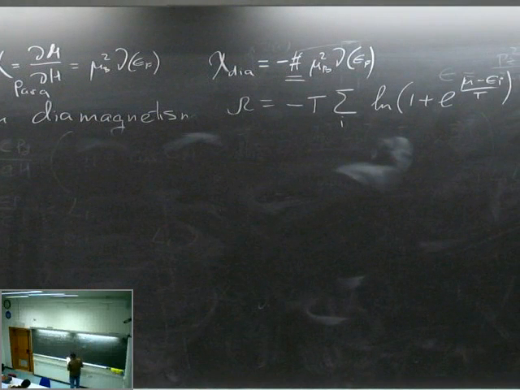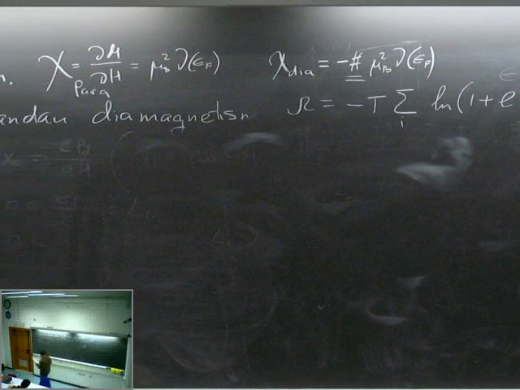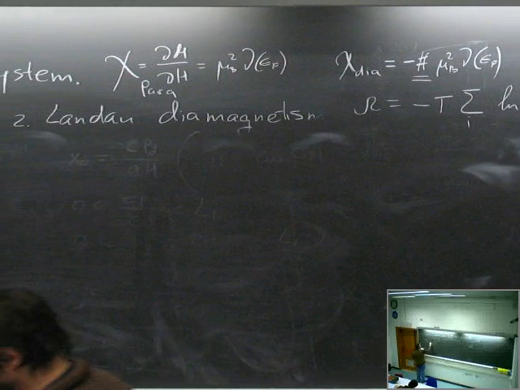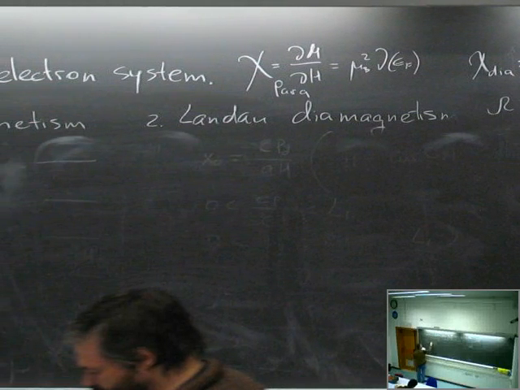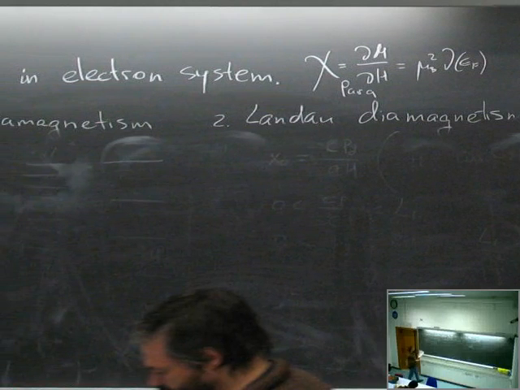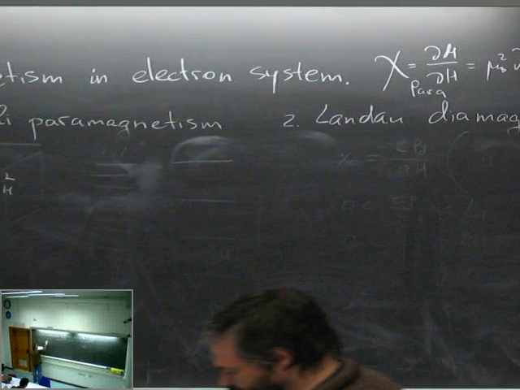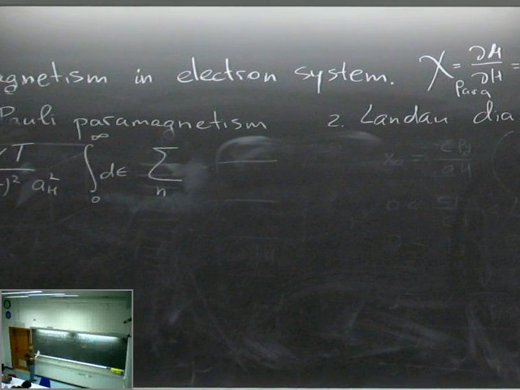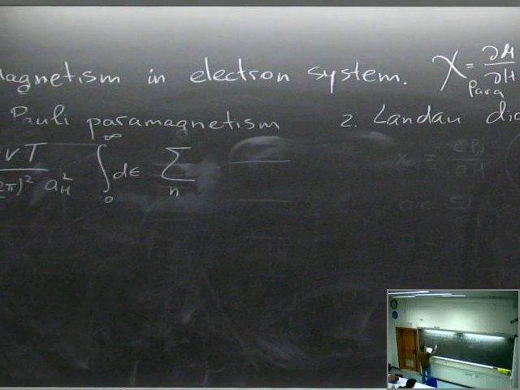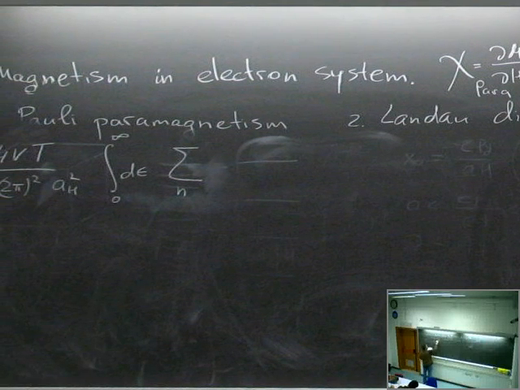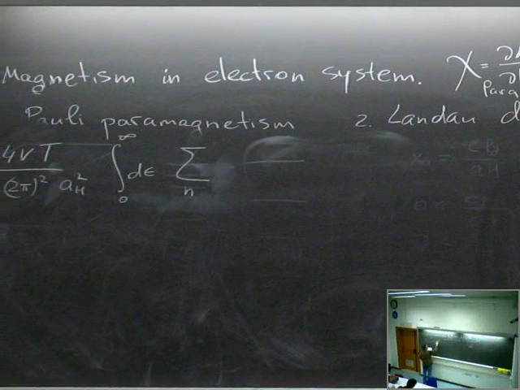So I'm writing this formula now, and here it's the integral from 0 to infinity d epsilon, summation over all levels, discrete levels, d modulus pz over d epsilon.